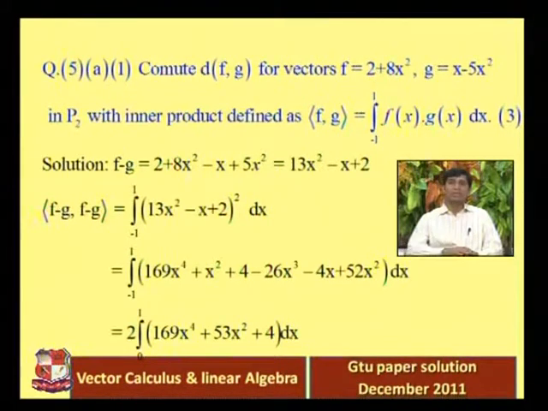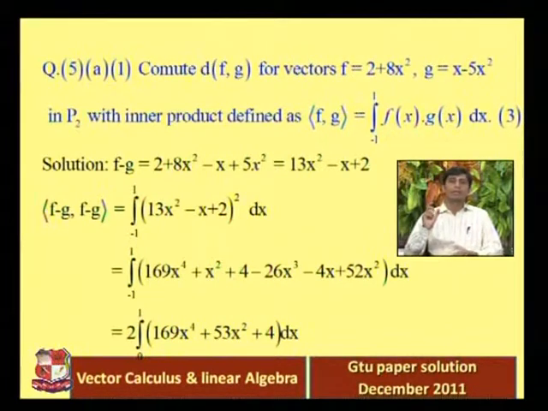And now we already know that norm u square is equal to the inner product of u with u. So here we want to find norm f minus g square using that formula. Similarly, norm f minus g square is equal to the inner product of f minus g with f minus g. I hope you can understand that.